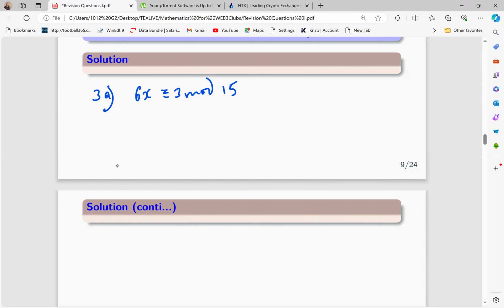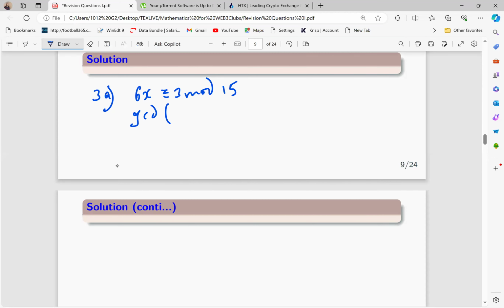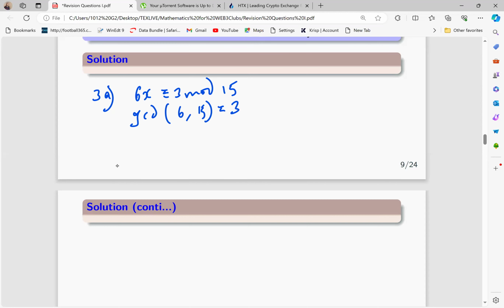Is that okay? To test if it has a solution, we begin by finding the GCD of 6 and 15, and this is 3. This 3 divides this 3.